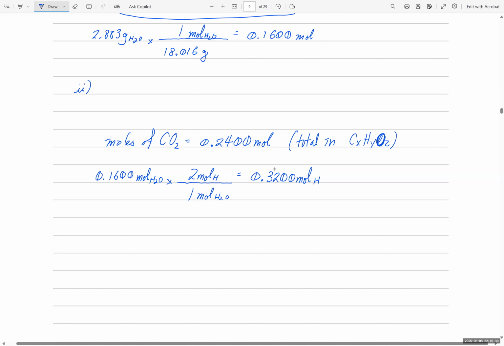We know that the number of moles of carbon and oxygen is the same, so both O and C are 0.2400.